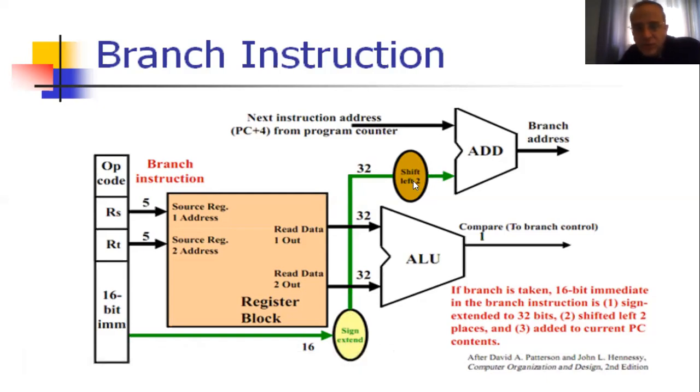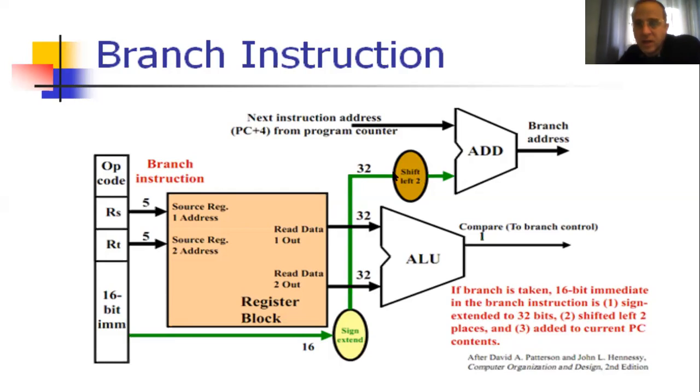Now we shift left 2 spaces. Why do we shift left 2 spaces? Can somebody tell me? Multiply it by 4, so it's a word and not a byte. Exactly. And also that way we get 18 bits of meaning instead of 16 bits of meaning. So we're going to multiply by 4.